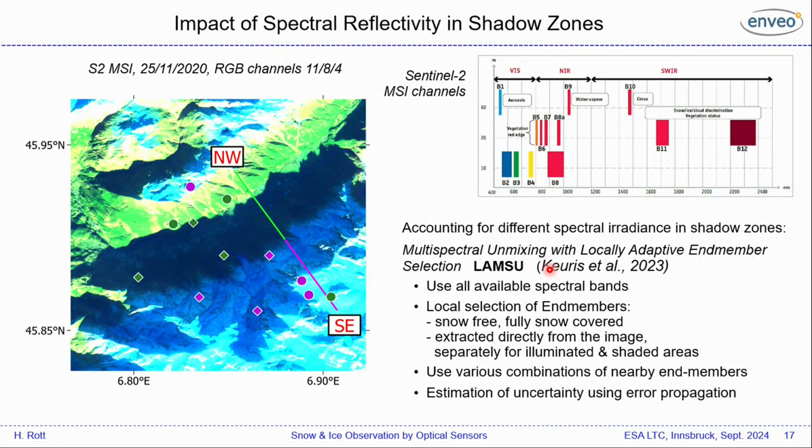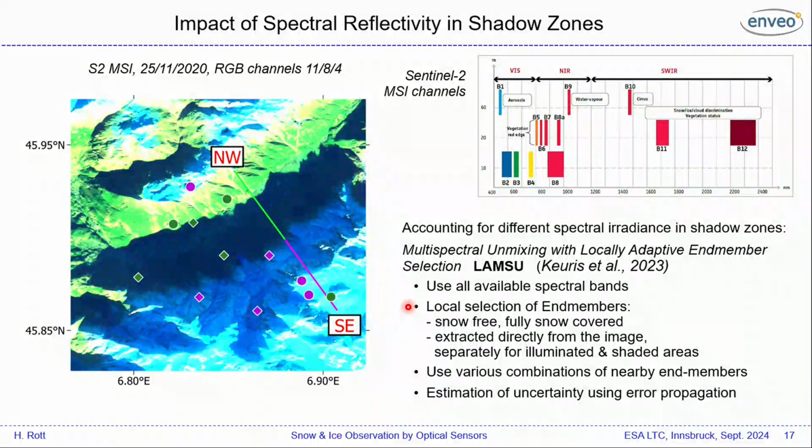And we developed a method which is called multispectral unmixing with locally adaptive endmember selection, to account for the different spectral irradiance in shadowed zones, because in shadowed zones we have much more blue components and short wavelength component in the diffuse radiation than in direct solar radiance. And we're using local selection of end members.